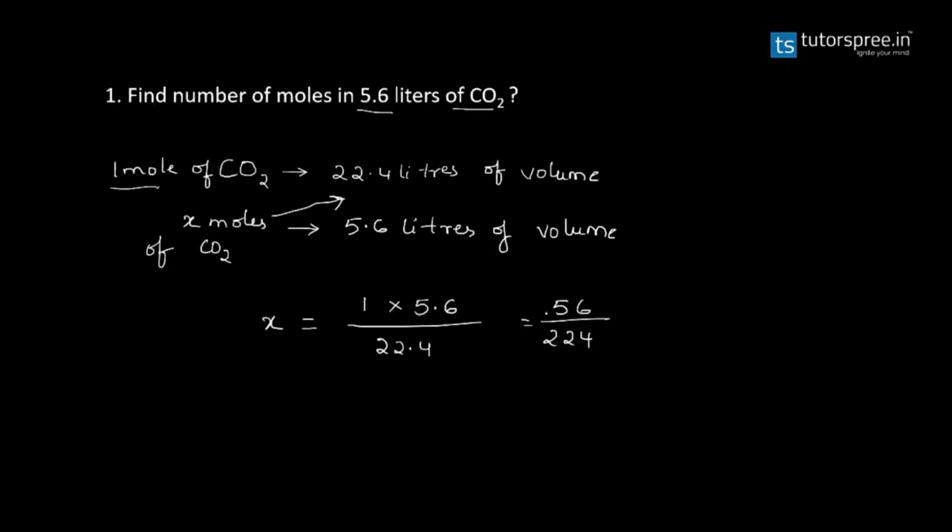Then we can do the calculation: 2 2s are 4, 2 8s are 16, 2 7s are 14, which is equal to 1 by 4, 0.25.